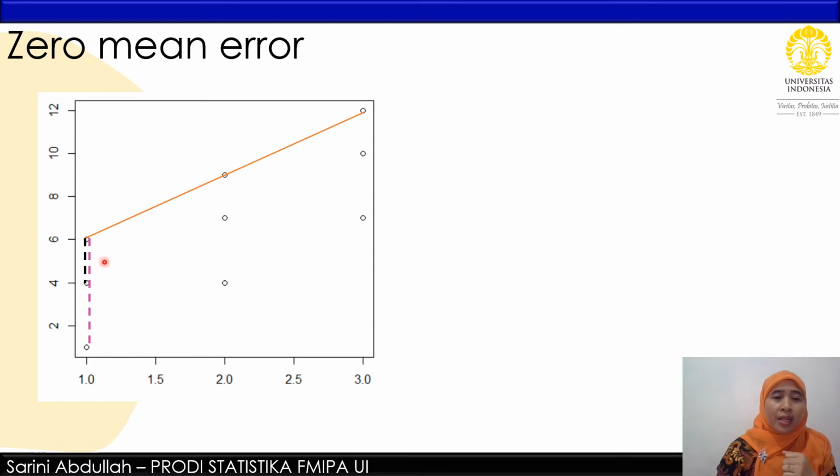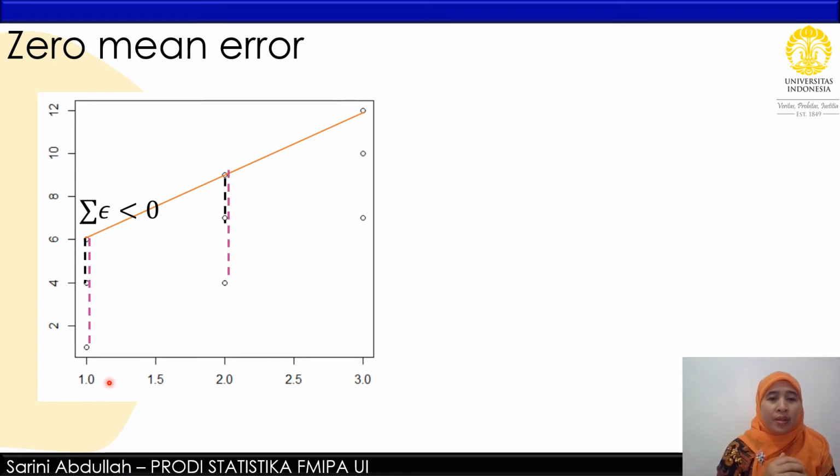The error is the difference between the predicted value and the true observed value. So in this case, the sum of error for this value of x is negative, because we have 0 error, a negative error, and another negative error.